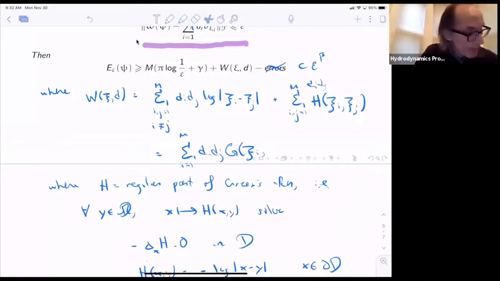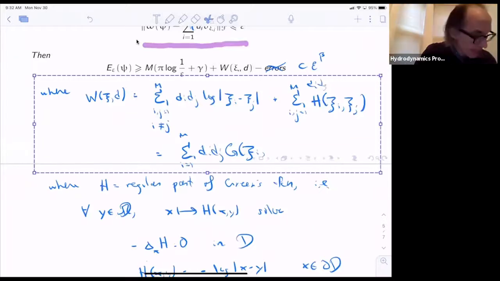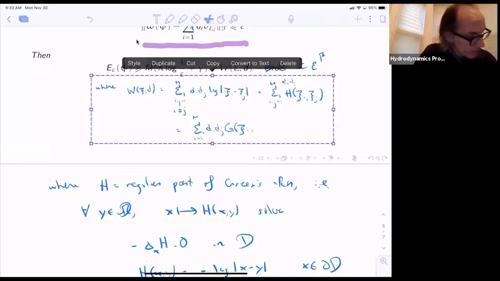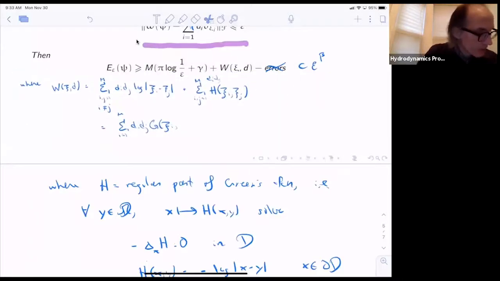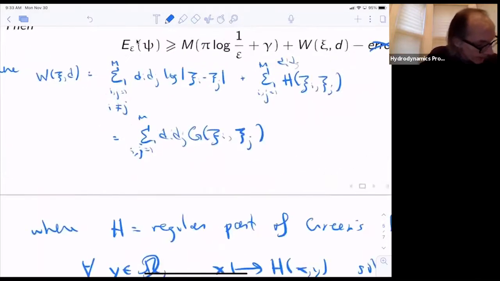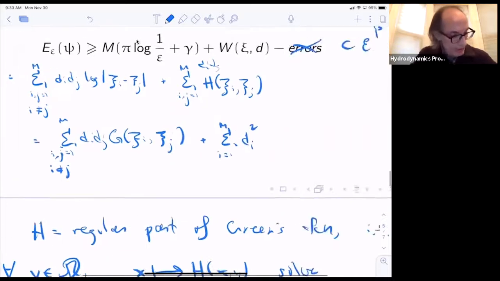Okay. And so here we have i and j go from 1 to n, and i is not equal to j. And then we have the diagonal terms. Okay, di squared is 1.